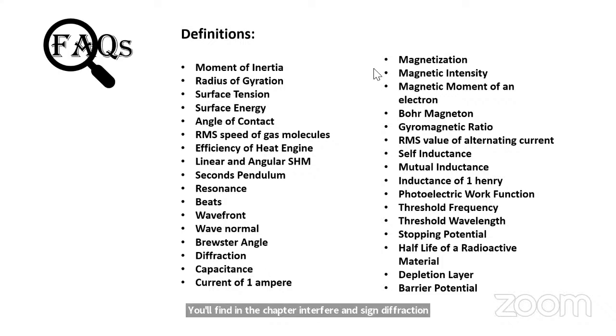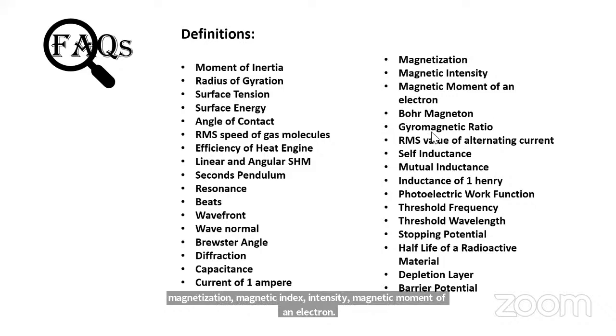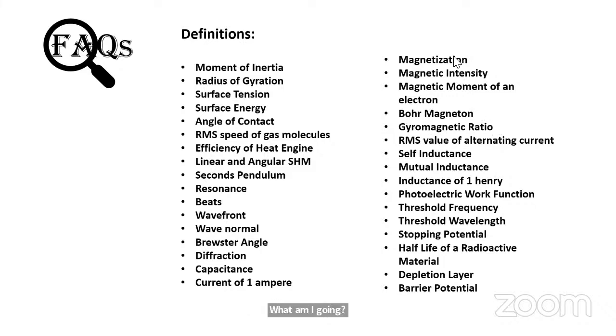Then capacitance you will find in the chapter electrostatics. Current of 1 ampere you will find in current electricity. Then magnetization, magnetic intensity, magnetic moment of an electron, Bohr magneton, gyromagnetic ratio. All these definitions you will find in the chapter magnetic materials.